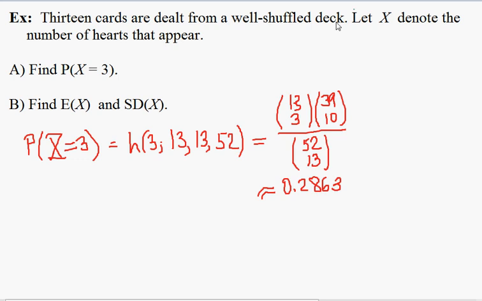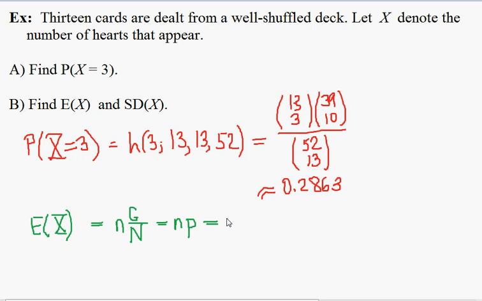To find the expected value of X, it's going to be equal to n times p, n times the number of good things over the total number of things. So basically n times p, which is the same formula that we had for the binomial distribution. We have 52 total objects, back up.